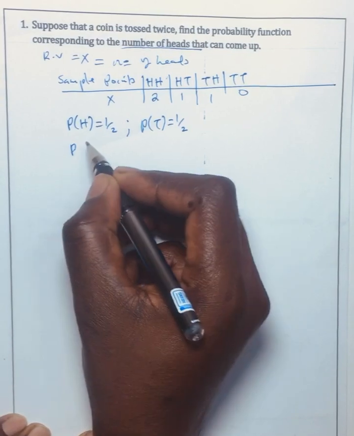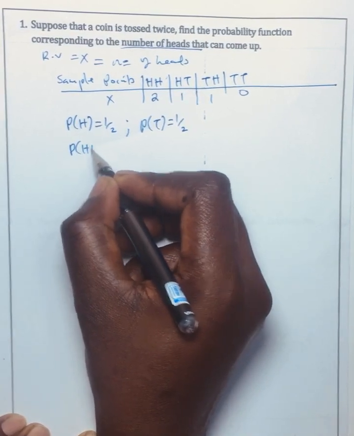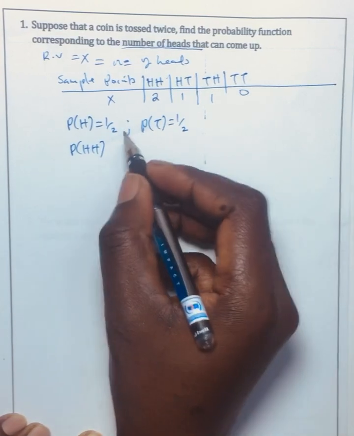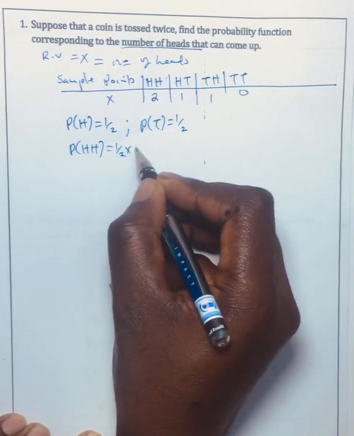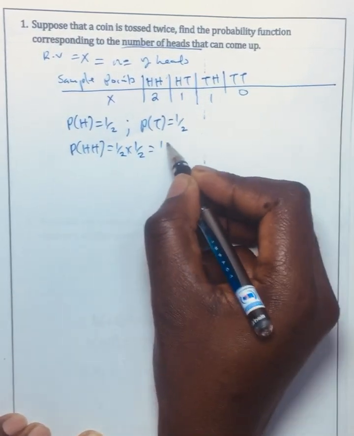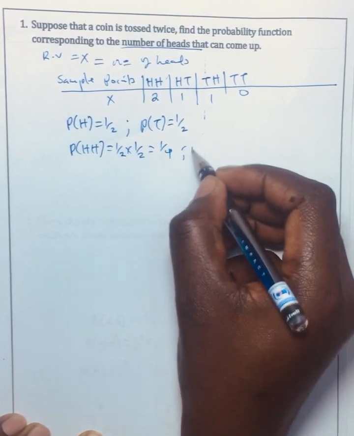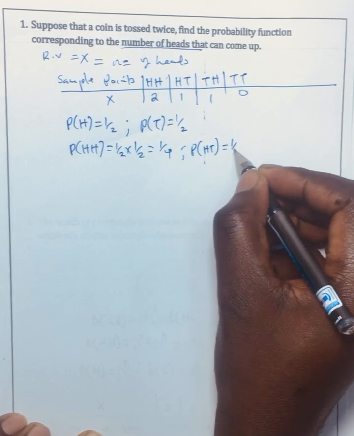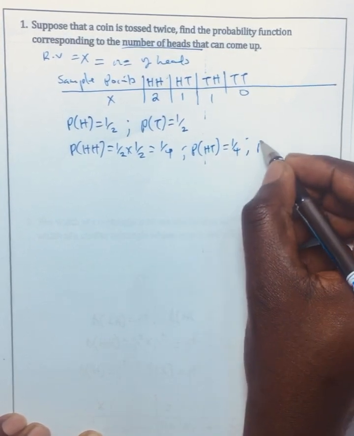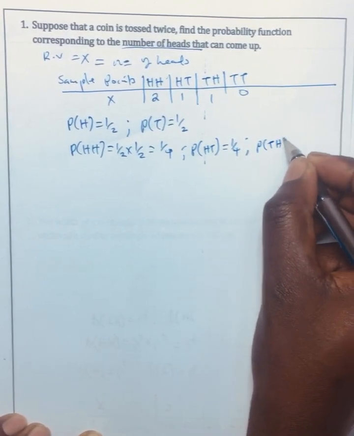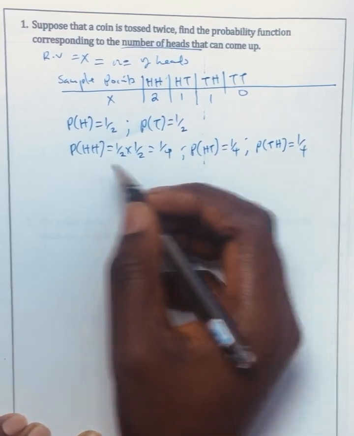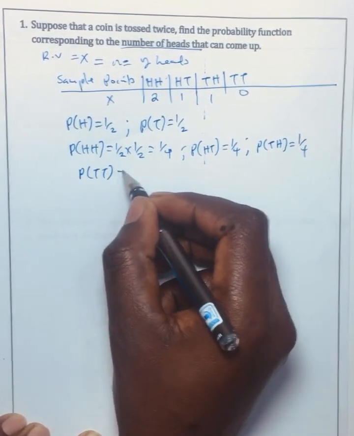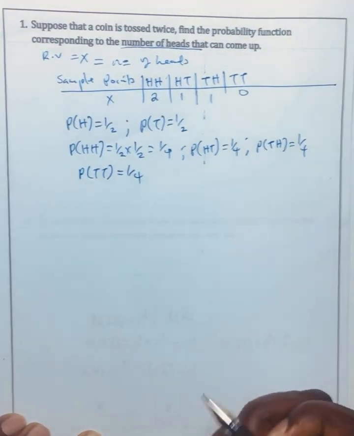So the probability of getting a head and then a head is the probability of a head times the probability of a head. That is half times half, a quarter. The probability of a head then a tail is also a quarter, a tail then a head is a quarter, and a tail and a tail is also a quarter.